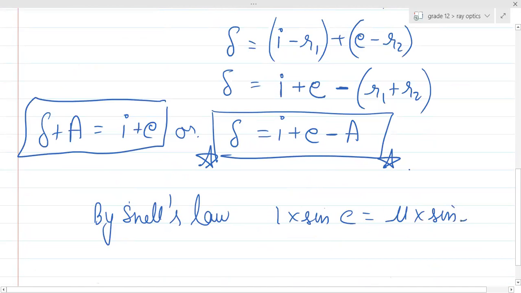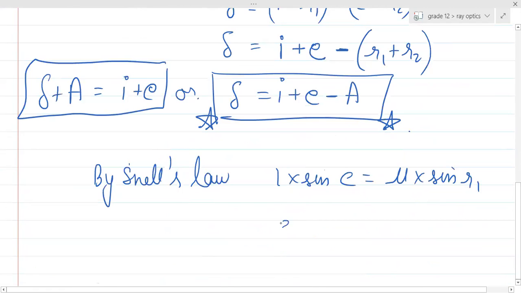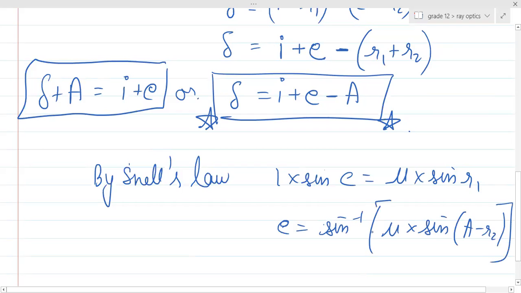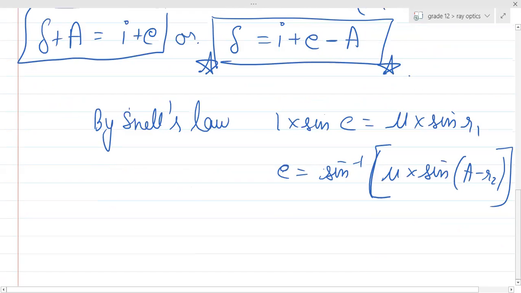Mu into sin R1. Can I write E is basically equal to what? Sine inverse of mu into sine of R1. Can I write sine of A minus R2? So A minus R2, right?